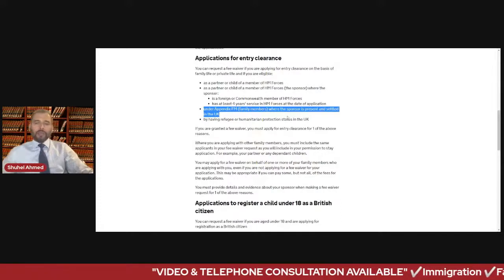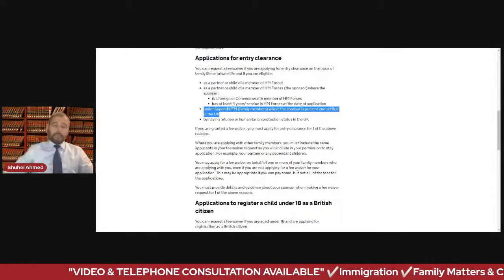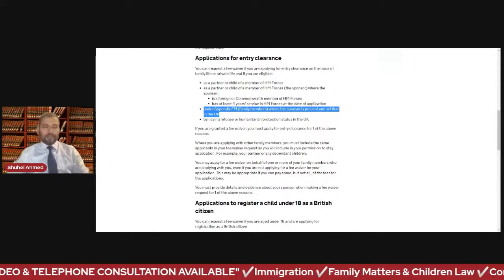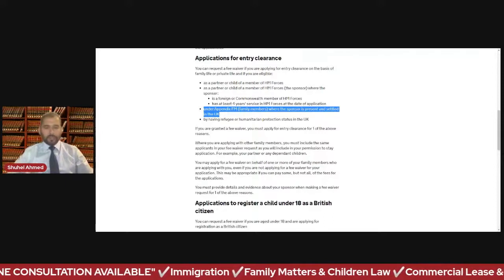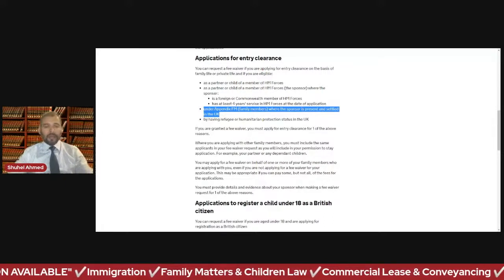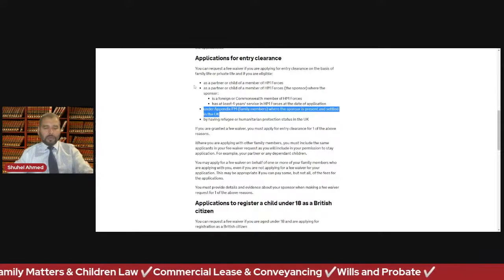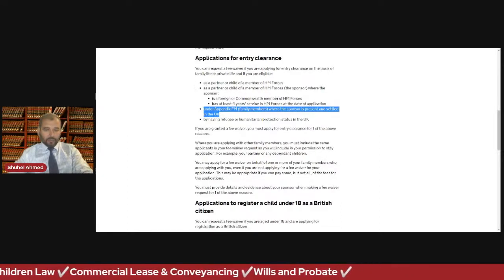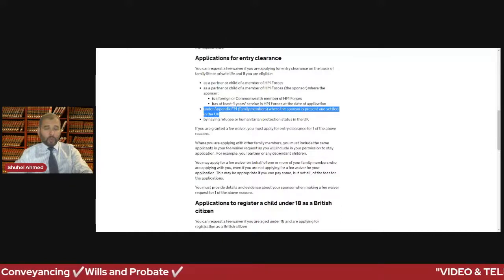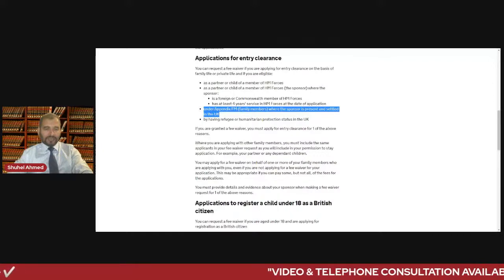So those applicants who make an application under Appendix FM for leave to enter are eligible for fee waiver or NHS fee exemption. Now the question is, who is eligible or who can make an application under Appendix FM?